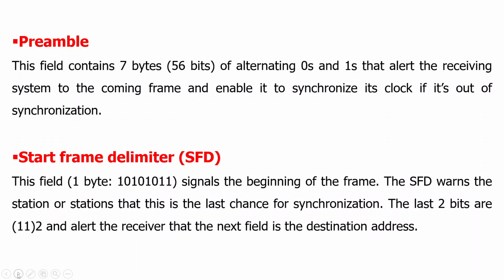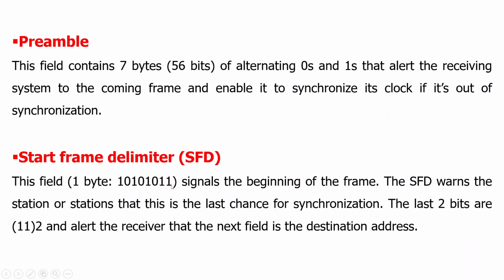The preamble field is used for synchronization purposes. It consists of 7 bytes, that is 56 bits of alternating ones and zeros, to alert the receiving system to the coming frame and enable it to synchronize between the receiver and the transmitter. The start frame delimiter, SFD, is a 1-byte field. It is 10101011.